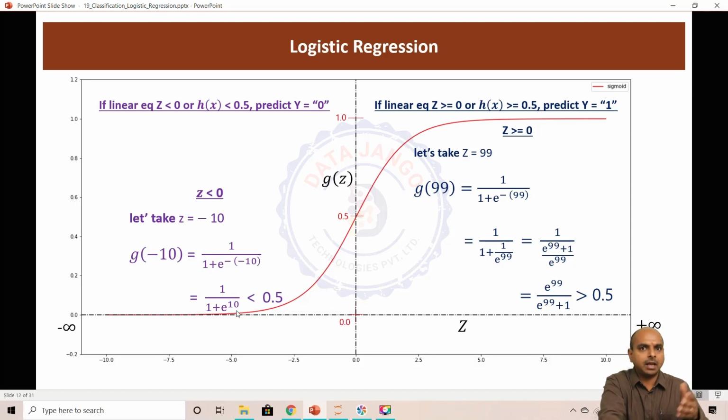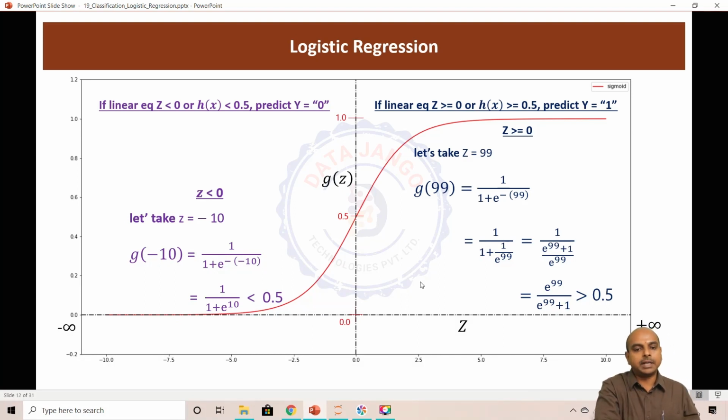The same way on the other side, if it is 1 by 1 plus e power 1000, it is not going to be 0. Maybe your interpreter like Python or a compiler like C may not be able to calculate the number and show it, so it may round it off to 0, but it is not 0. So the logistic regression function always gives you a number between 0 and 1 and it will never be equal to 0 or 1. That is one point.